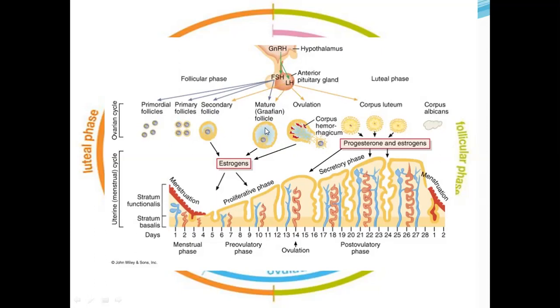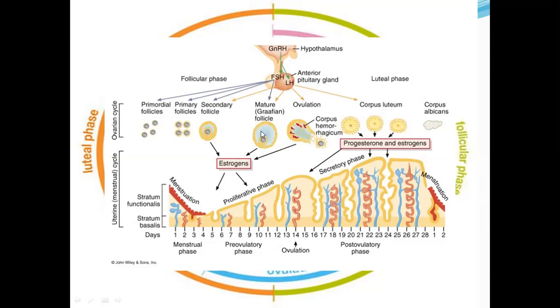This fluid cavity contains nutrients for the ova. Later on, this fluid cavity also helps in ovulation, because pressure will build in that cavity and ovulation will happen. Now this is the Graafian follicle. The secondary follicle becomes more mature and that is called the Graafian follicle.